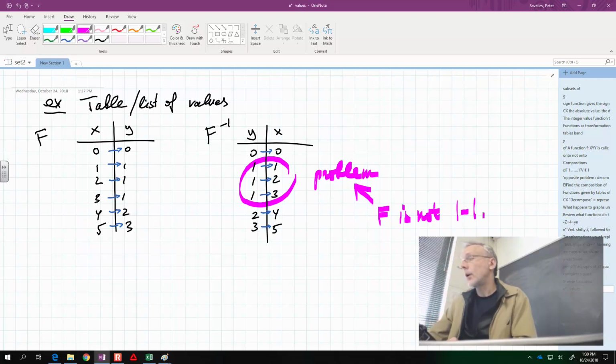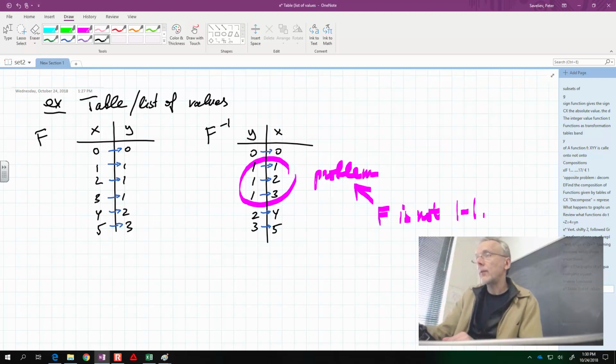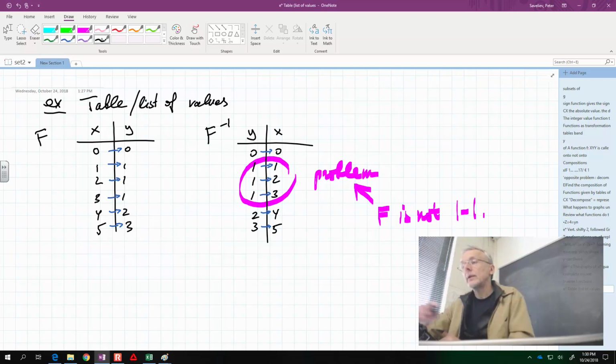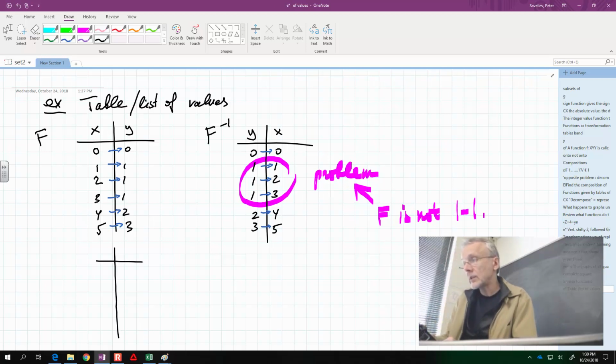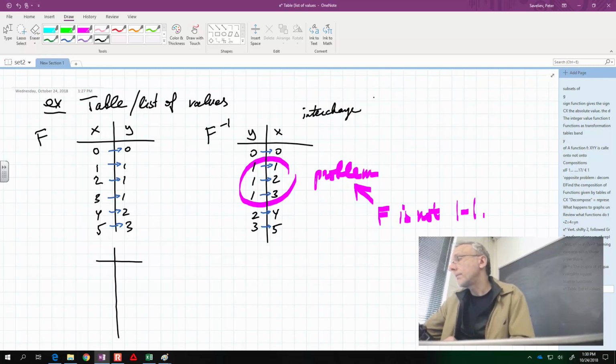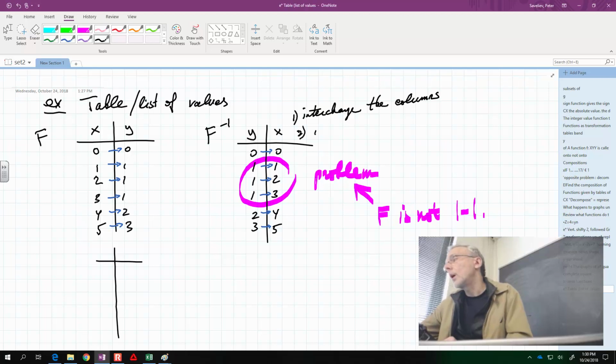Okay, so that is helpful. Otherwise, if ahead of time you have verified that the function is one-to-one and onto, then there should be no trouble. So let me give you an example, but the idea is the same. Interchange the two columns, and then probably also reorder the first one.